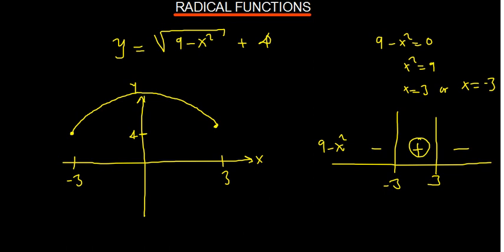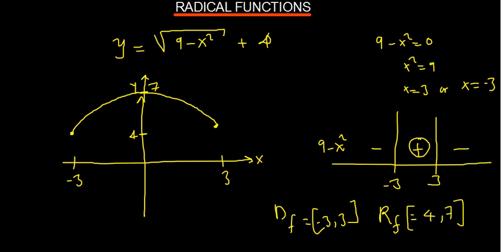Okay, so they are going to join somewhere there, and they are going to join when x is 0. So put 0 here. You are going to have square root of 9, which is a 3, plus 4, which is a 7, meaning that at this point that is 7. So the domain of this function is from negative 3 to positive 3, and then the range of this function is from 4 up to 7. You can't have a y value less than 4 or greater than 7 for this function.